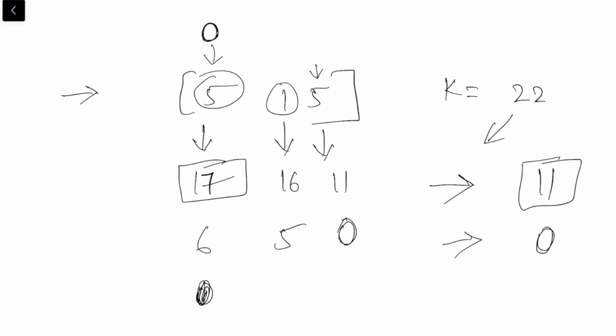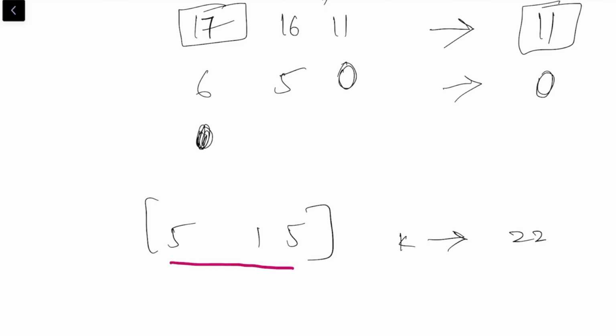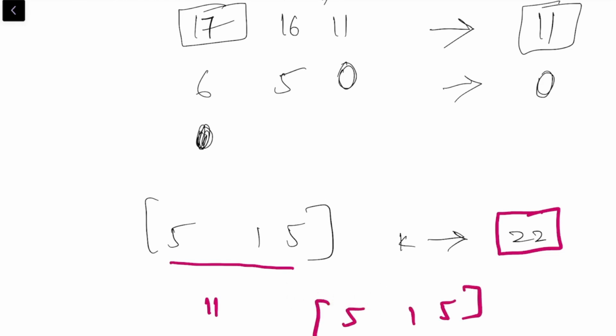Let's look at the intuition. I'll write it again: 5, 1, 5 and k is 22. We'll try to sum the whole array, which is 11. We need to fit this 22 into blocks of 5, 1, 5 as many times as possible, so we can put the 22 chalk pieces in terms of 5, 1, 5 two times.